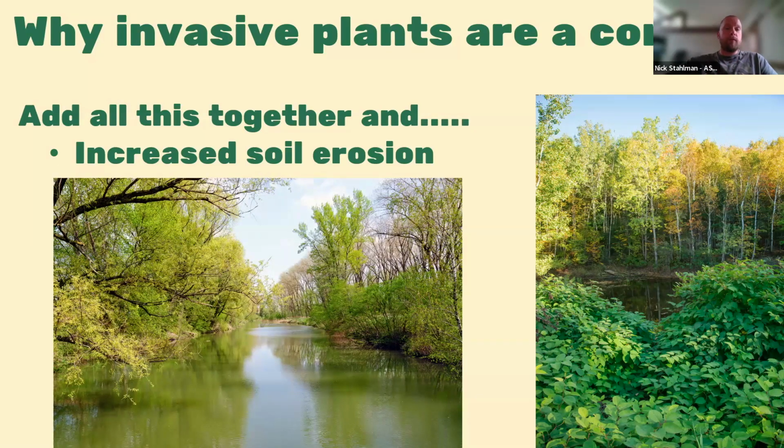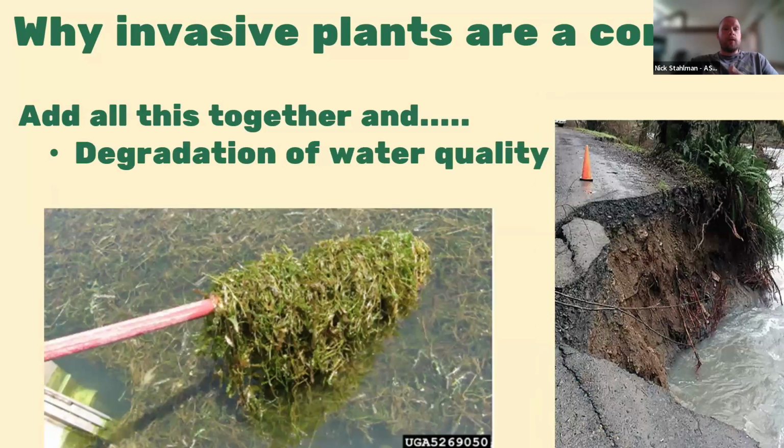Knotweed's a good example. In fact, with knotweed we see whole stream bank collapses, which is going to degrade the water quality. Soil erosion is going to increase the silt in the water, and that's never going to be a good thing.